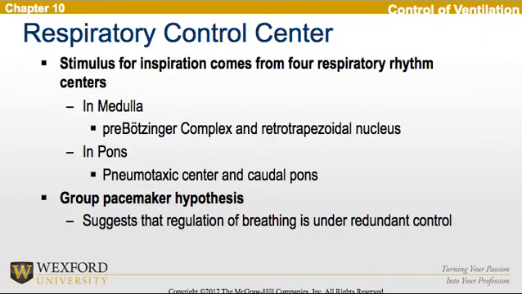Focusing on this respiratory control center, we see that stimulus for inspiration comes from 4 respiratory rhythm centers. Some are in the medulla, and others are in the pons. Now, if we look at the group pacemaker hypothesis, this suggests that the regulation of breathing is under redundant control.